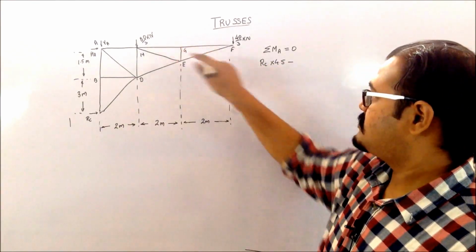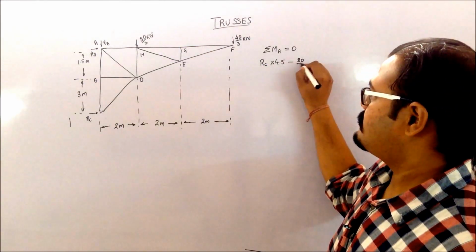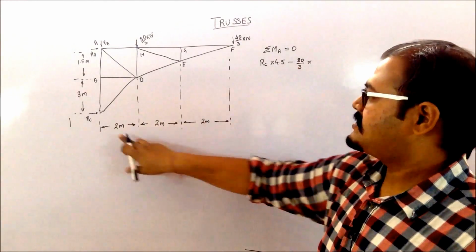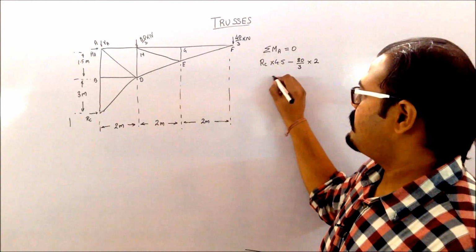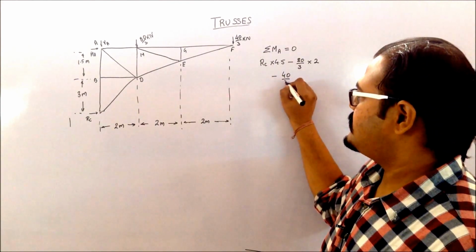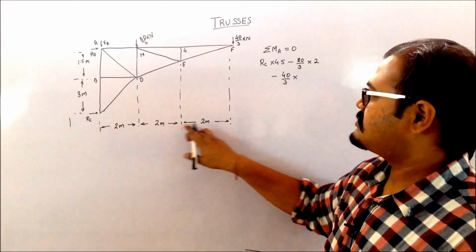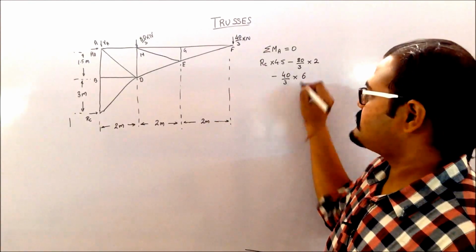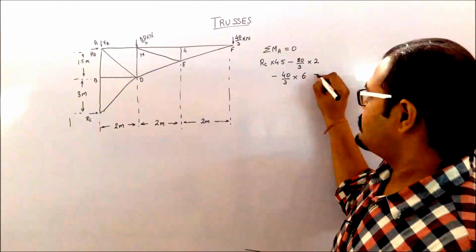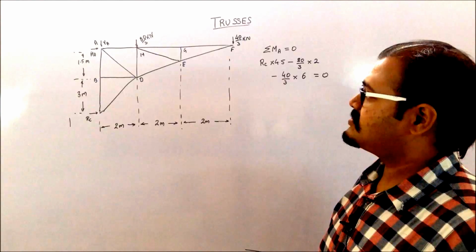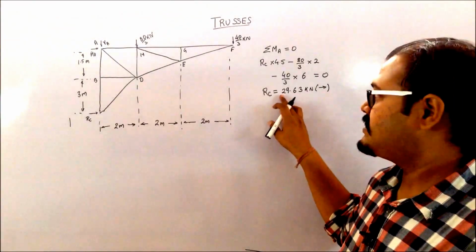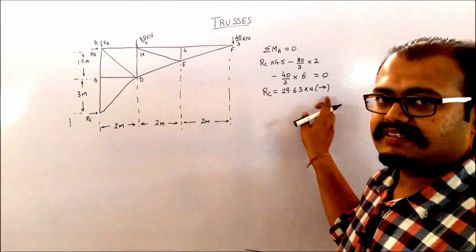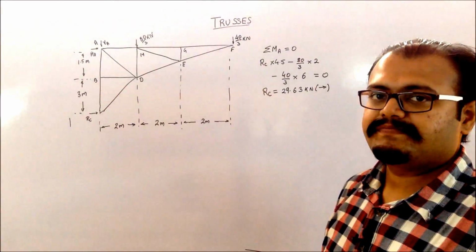For this force it will be 80 by 3 into the distance, which is 2, and minus 40 by 3 into the distance, which is 6. This will be equal to 0. So I will get the value of my reaction force RC as 29.63 kilonewtons in this particular direction.